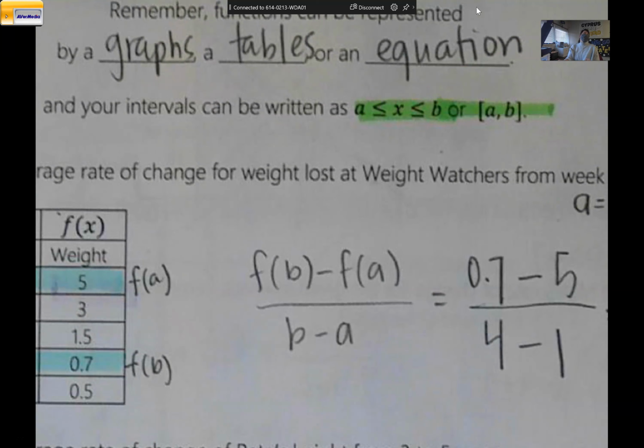So we go from 75 to 200. So what is that difference? 75 to 200. Think about it like money. 125. So that goes in the top of your fraction.